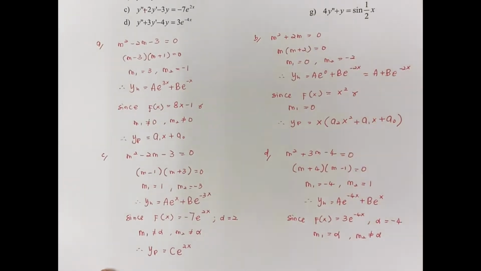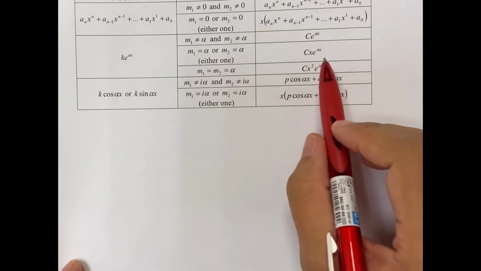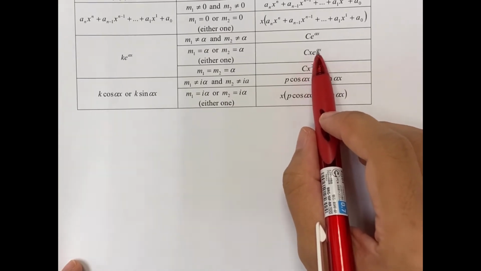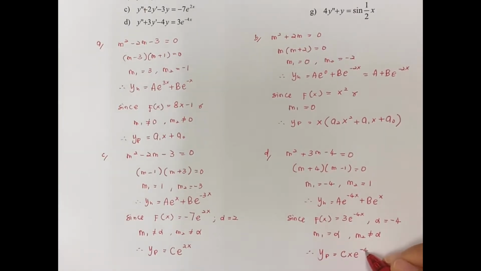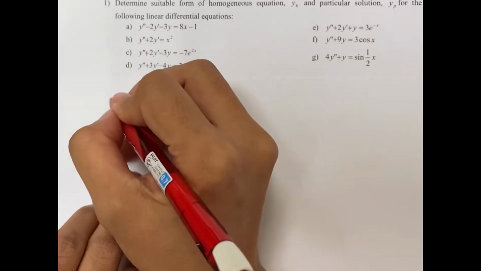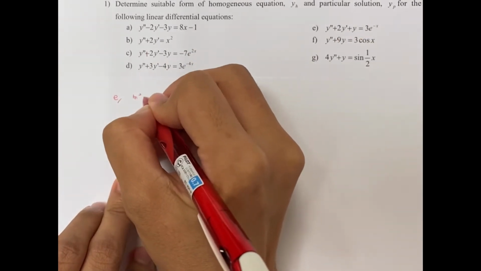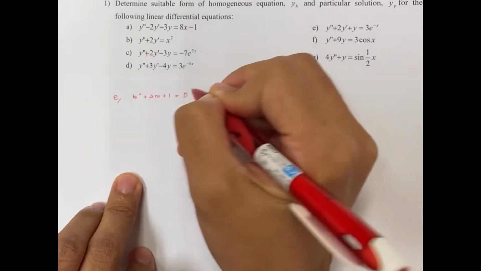So one of your roots is equal to alpha. So the particular solution will be Cx exponent alpha x. Particular solution is equal to Cx exponent negative 4x.